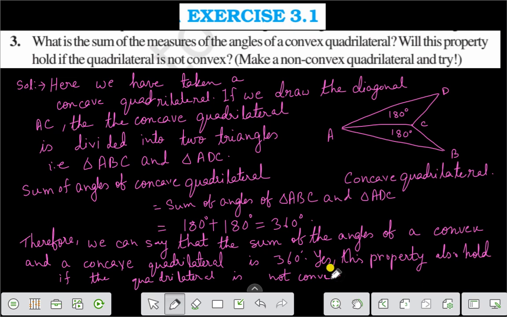That means you can say that the sum of the angles of a concave quadrilateral and also a convex quadrilateral is 360 degree.